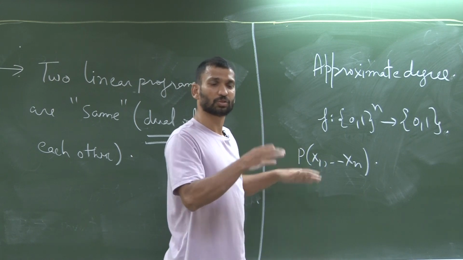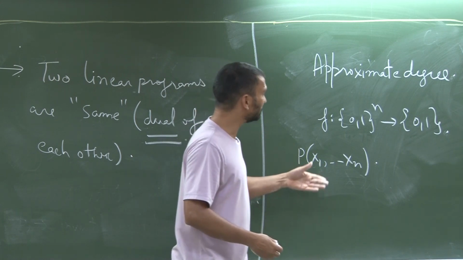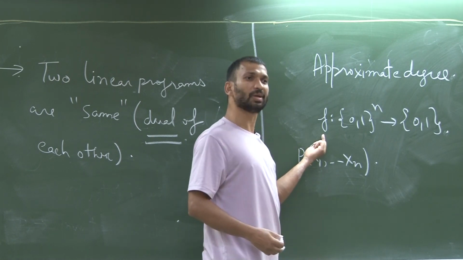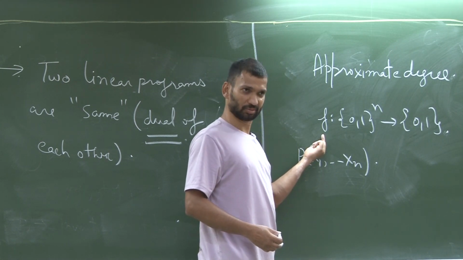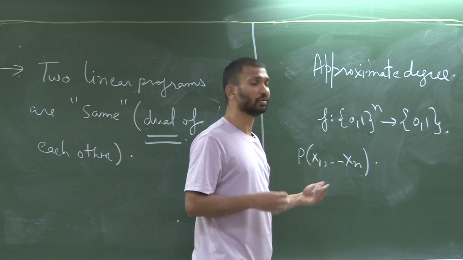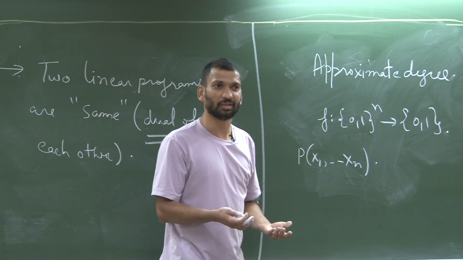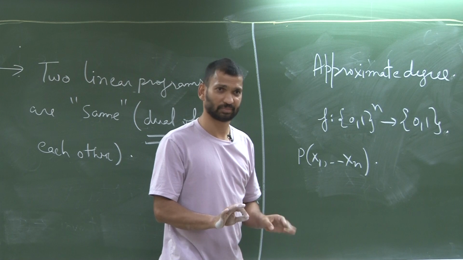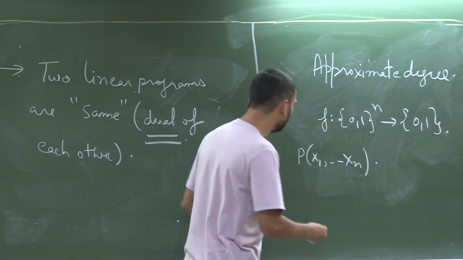polynomial. So what people are interested in is, is it possible to approximate this function with a polynomial which has small degree? The question is clear. What does it mean?